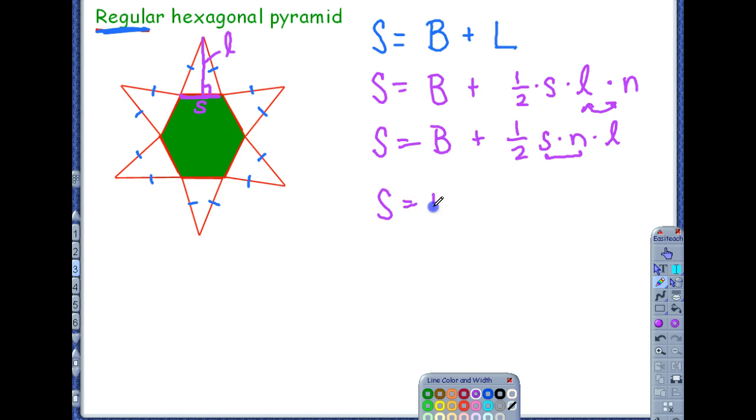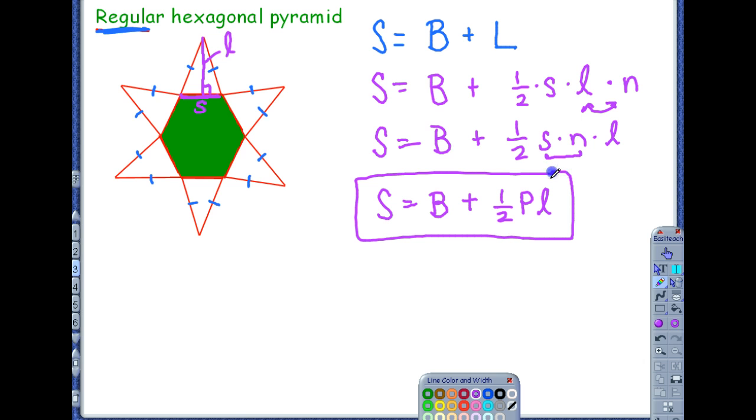The perimeter. So capital B, area of the base, plus 1/2, and instead of this we're going to have capital P times the slant height. This, guys, is the formula for surface area of a regular pyramid.